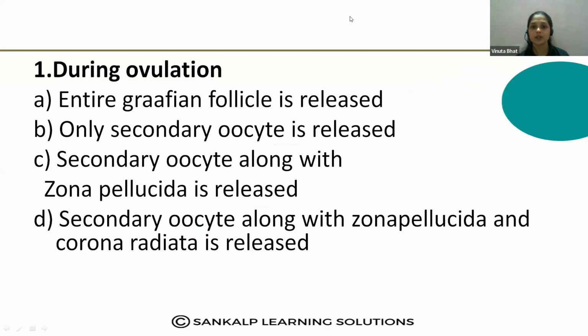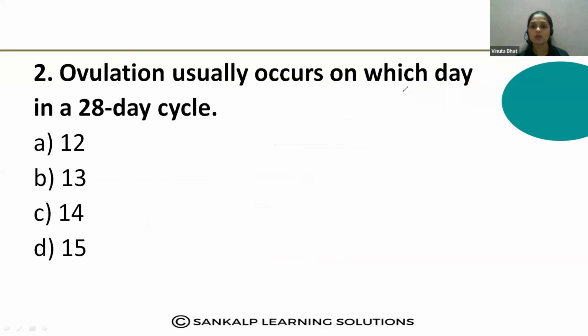See the second question. Ovulation usually occurs on which day in a 28-day menstrual cycle? Yes, 12th day, 13th day, 14th day, 15th day. What is the correct answer? Yes, C is the correct answer.